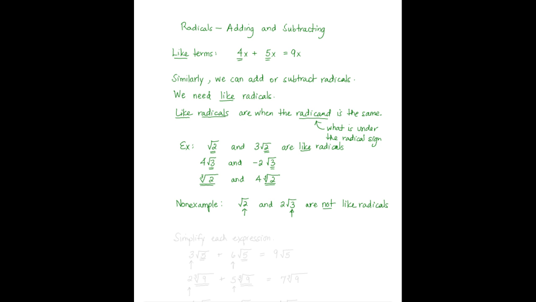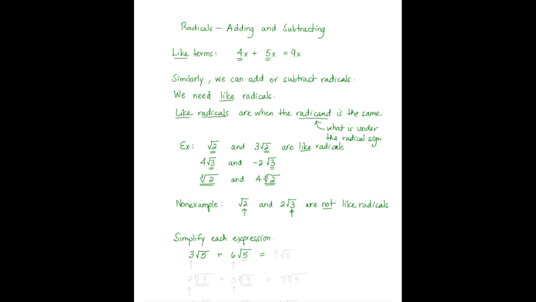Let's try to work some problems. We're going to simplify each expression. Let's start with 3 times the square root of 5 plus 6 times the square root of 5.